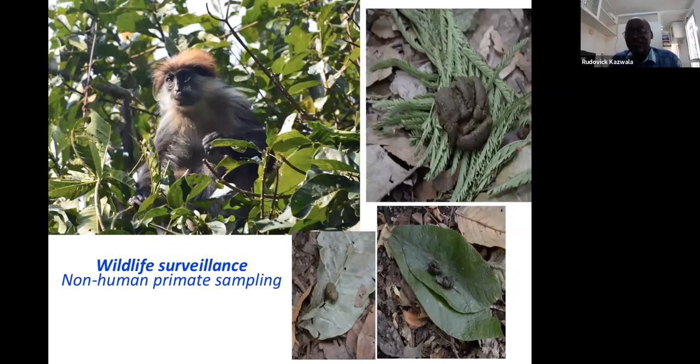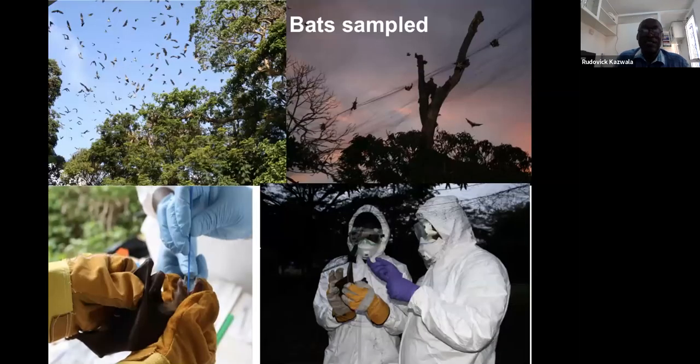We did non-invasive studies using fecal material, and they looked for a number of viruses which could be found in the non-human primates. We did a lot of sampling of bats in thousands, and we capture them, and then we take samples for analysis and look for viral pathogens which are of concern.